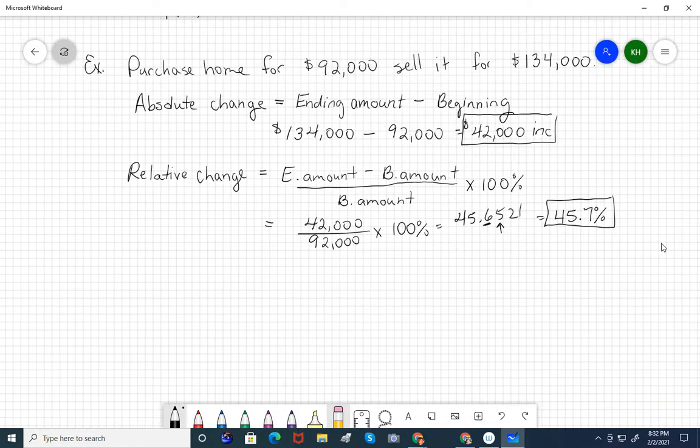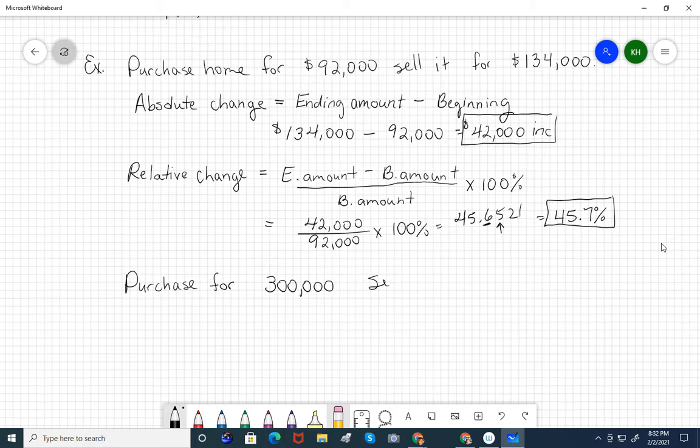Now, let's change the problem a little bit. Let's suppose you buy a house. So you purchase for, will make you much wealthier this time, $300,000.